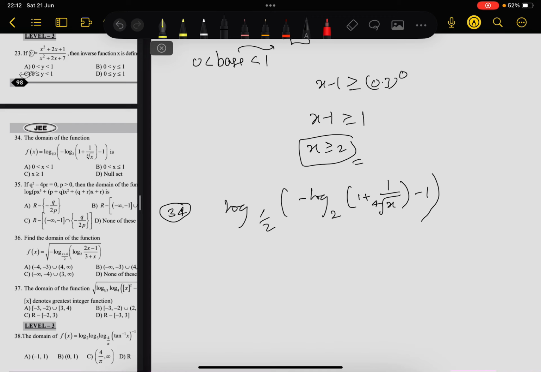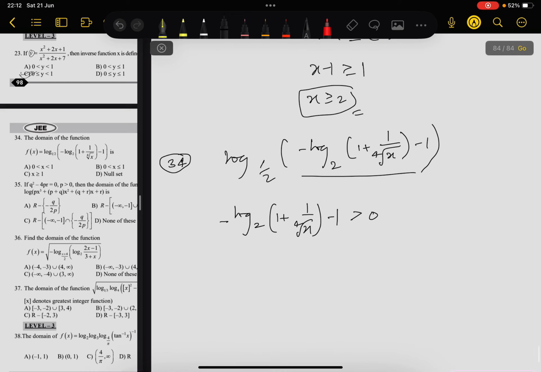So first of all, because of this log, the argument of this log should be positive, right? So here minus log base 2 of (1 plus 1 upon x raised to 4) minus 1 should be a positive number, right? 0 to infinity.